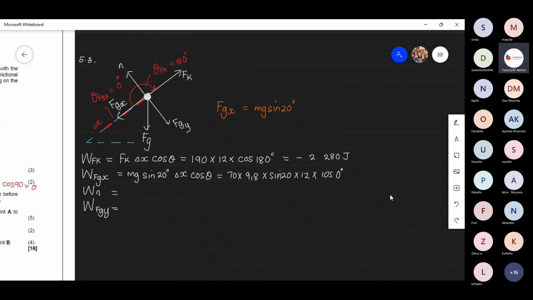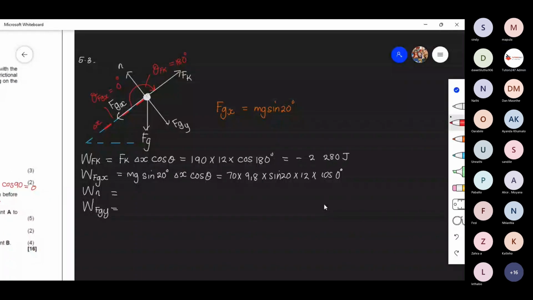So let us put this onto our calculator. 70 times 9.8 times sine of 20 times 12 times cos of 0, and that is then going to give us positive 2,815.51 joules.